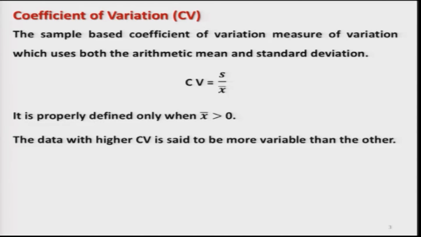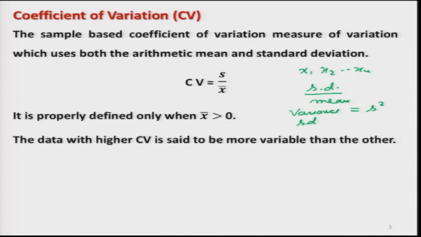Okay. So, once I have the data, say x1, x2, ..., xn, this can be either grouped data or ungrouped data, or whatever you want. Then the coefficient of variation is defined as standard deviation upon mean. If you remember, we had denoted the sample variance by S square.